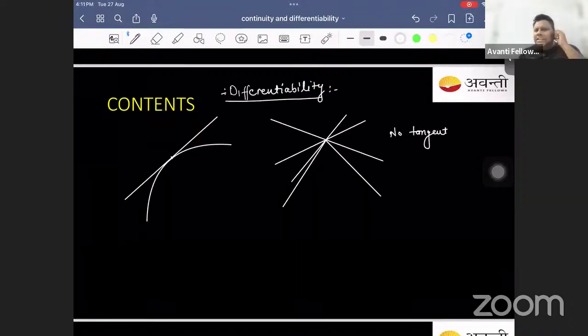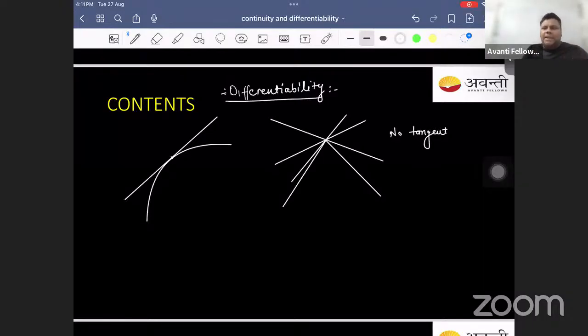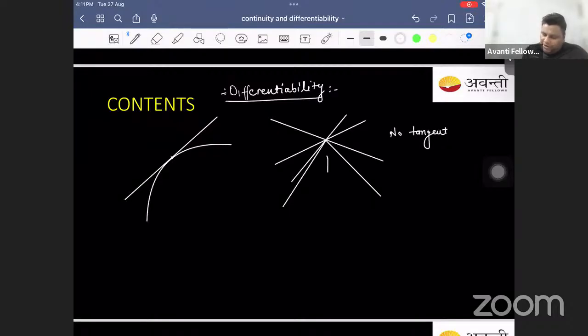Got it? These are very basic meanings, in total layman language. So when a curve has a sharp corner, we cannot draw a tangent to it. We call it non-derivable at this point. Here we call it derivable at this point.